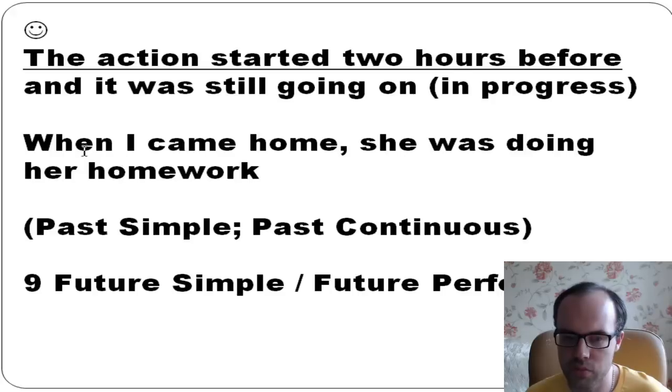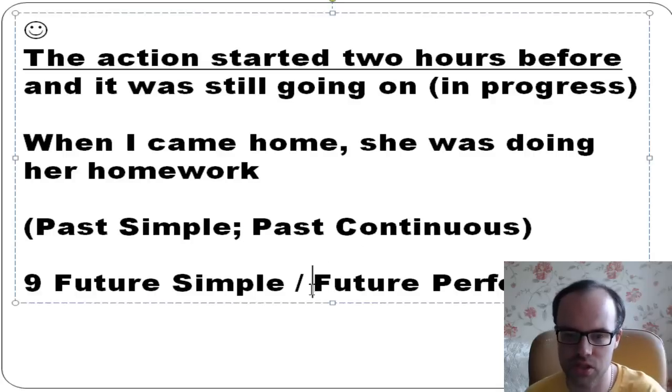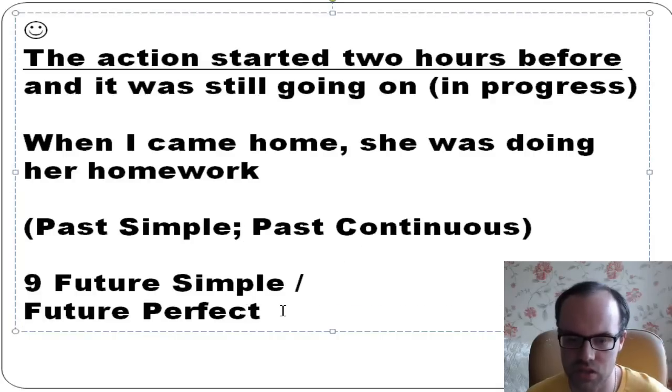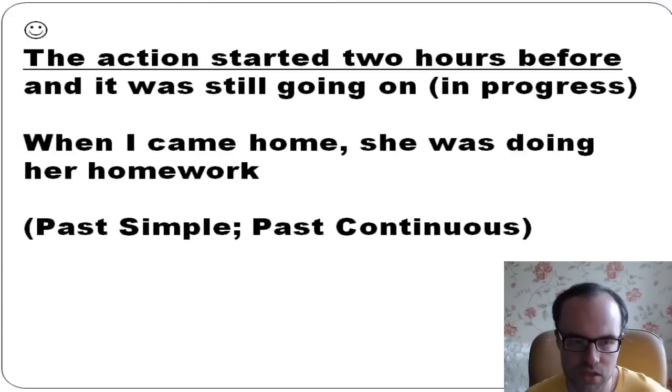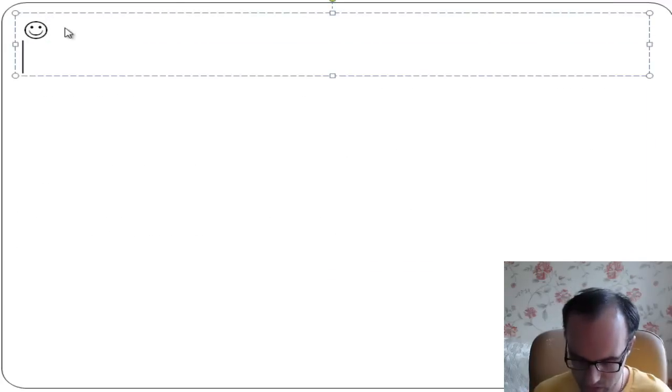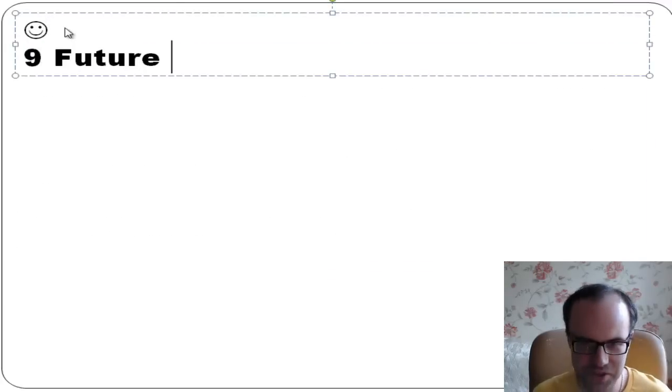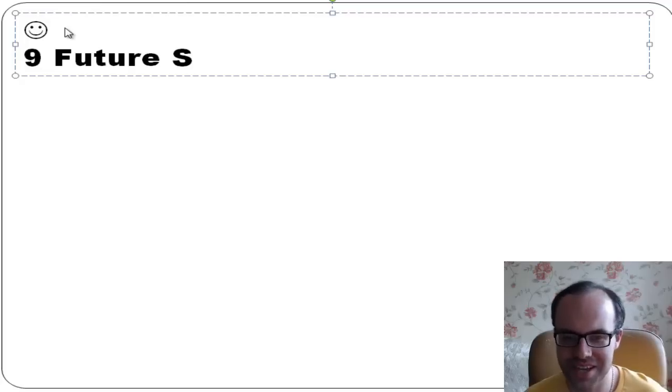And there is one more situation, the third one. When I came home, she was doing her homework. So it's past simple and past continuous. And we also need to look at the second thing. I think it's difficult, but not so difficult as you might think.